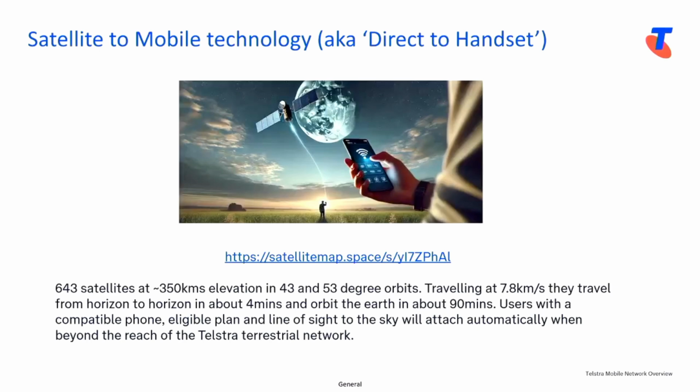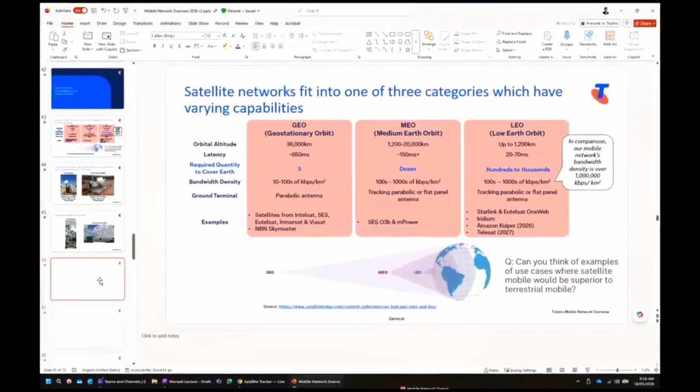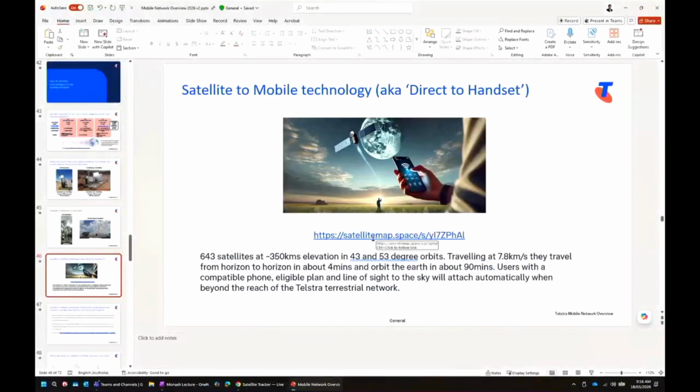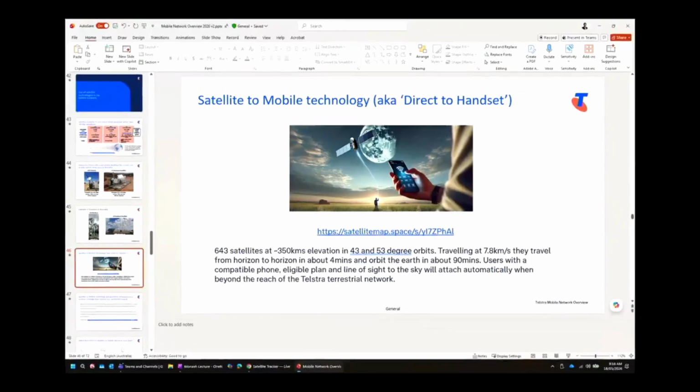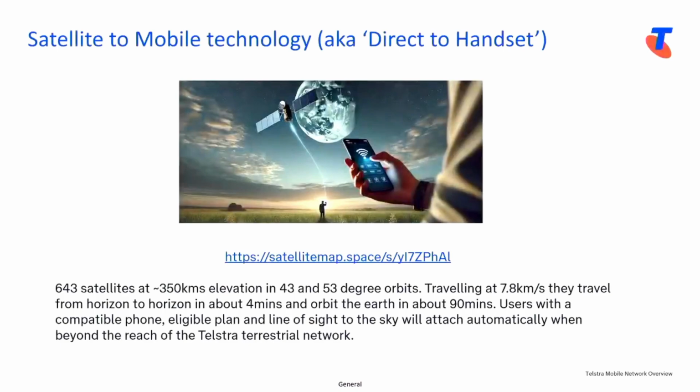Really interesting to mention that they're using a 2600 megahertz carrier, and it looks just like a cell from the ground. That's what's coming from the satellite. So that's how they're able to do it without changing the devices. Nothing special is required in the device, just the right software to switch it on. They're doing some pretty cool tricks to get that to work.